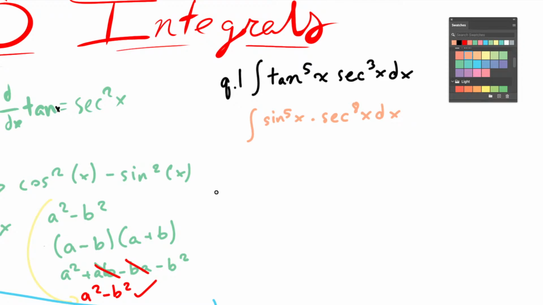Okay. So it has been pointed out to me that I can actually use a Pythagorean identity here. That is tan 5x.